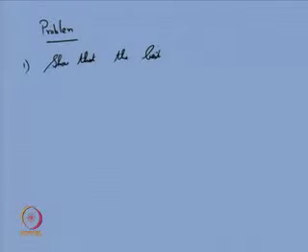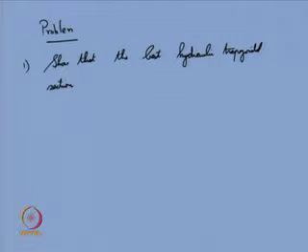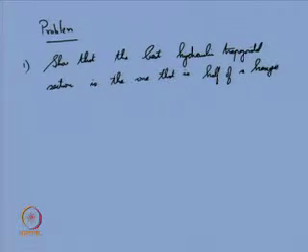Again, we can see a problem. Maybe as a quiz I can ask you: show that the best hydraulic trapezoidal section is the one that is half of a hexagon.